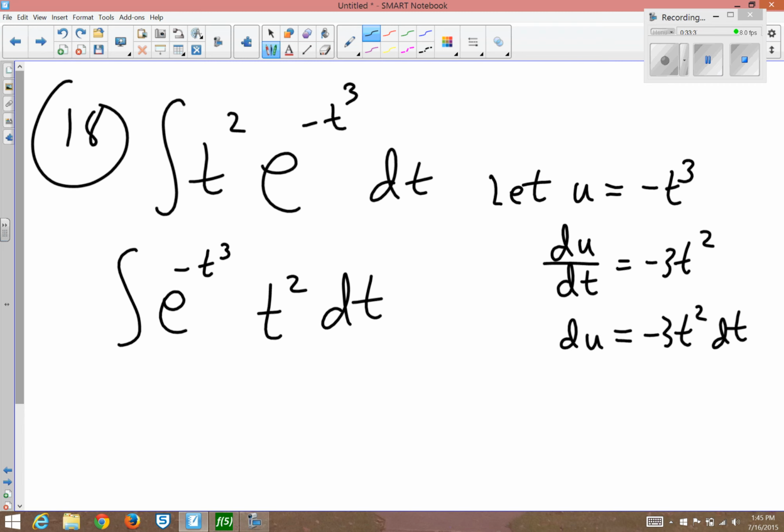So switching the order is definitely okay to do. When I get here, I wish it said negative 3t squared dt over here. And it almost does, just the negative 3 is missing. So here's a magic wand.